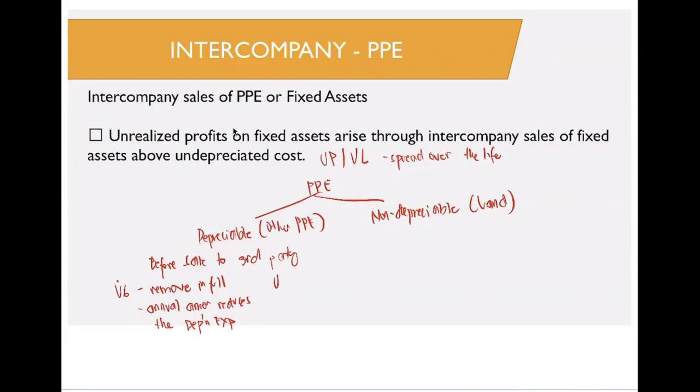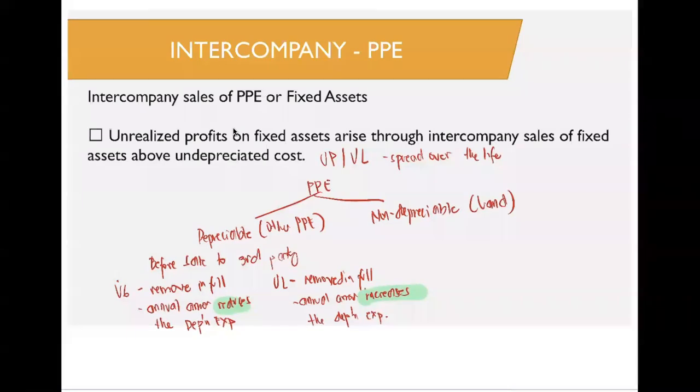How about unrealized loss? Unrealized loss is also removed in full, and annual amortization increases the depreciation expense. Again, unrealized gain is removed in full and annual amortization reduces the depreciation expense. Take note of this: gain reduces, loss increases.